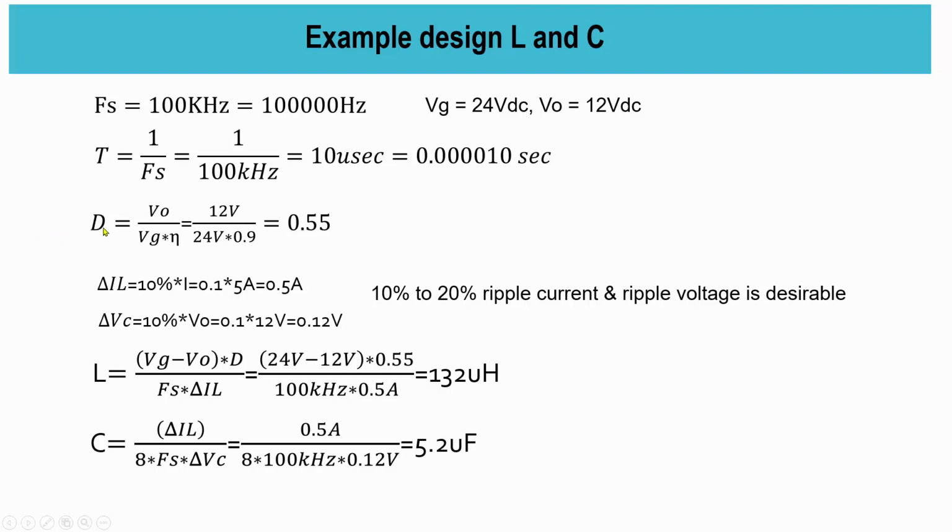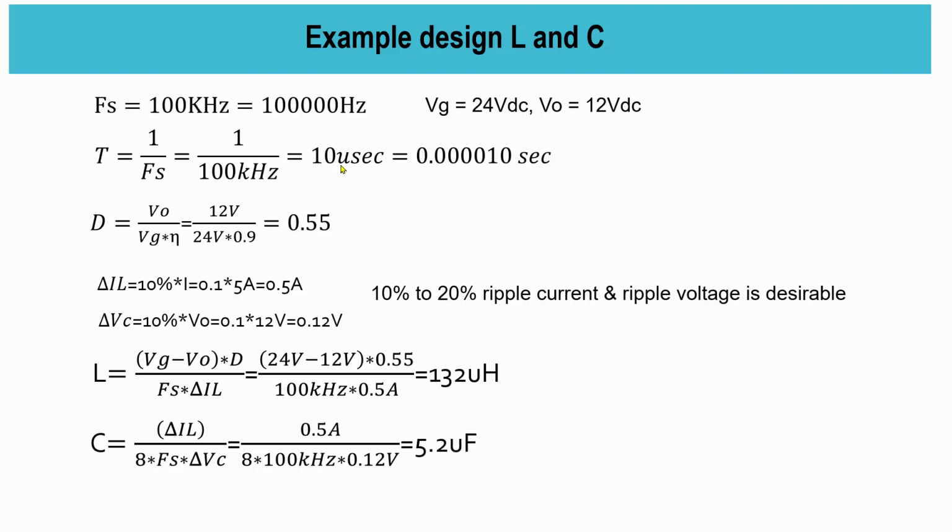The duty cycle is 12 volts divided by 24 and multiplied by 0.9, so our duty cycle in this case is 0.55. If you multiply 0.55 by 10 microseconds, it means that the turn on time for each cycle is 5.5 microseconds.